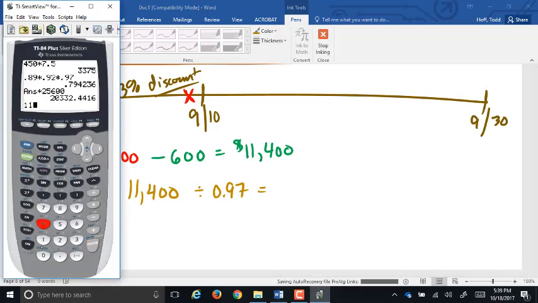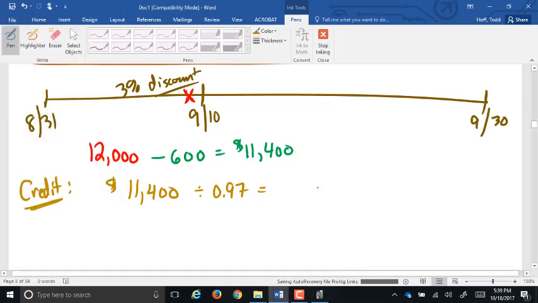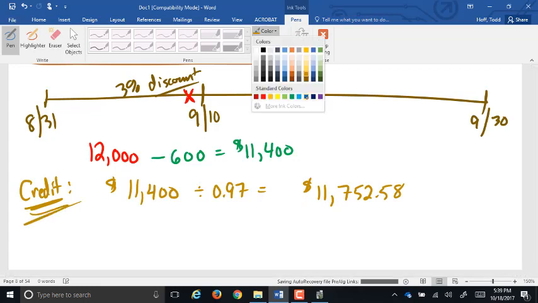So 11,400 divided by 0.97 is 11,752.58. That is the amount credited to the account.